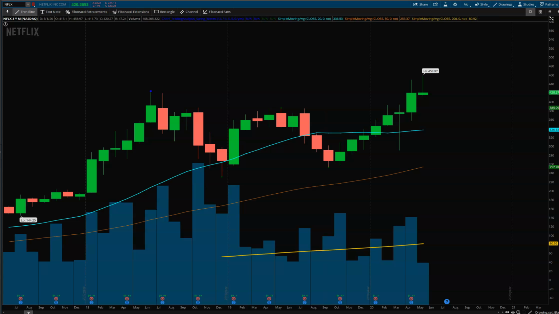Resistance is where the price is moving upward, has come into some type of ceiling, if you will, and has reversed direction and moved downward. Support is just the opposite, where price is moving downward, has reached some type of floor, and has now reversed in the opposite direction. So now the price movement, or the auction process, is moving in a separate direction.